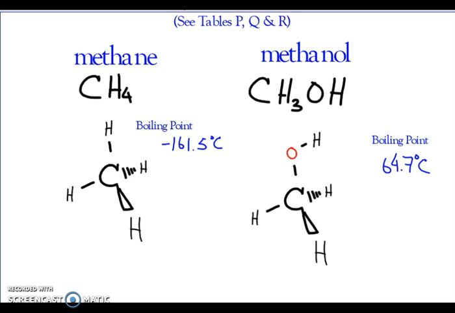Methanol has hydrogen bonding, whereas methane only has London dispersion forces. And because of that, there is a very weak intermolecular force in methane, a very strong intermolecular force in methanol. Methane molecules are not held together very strongly. Methanol molecules are held together strongly. Therefore, it takes more energy to separate the methanol molecules from one another.